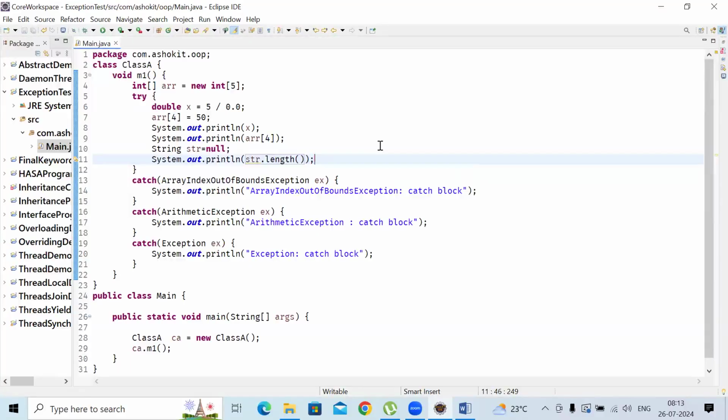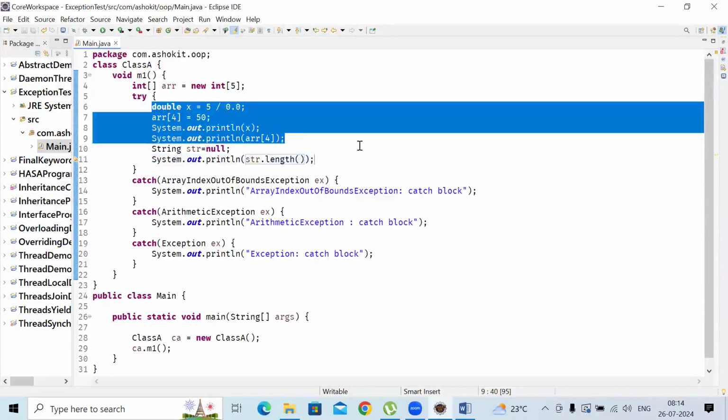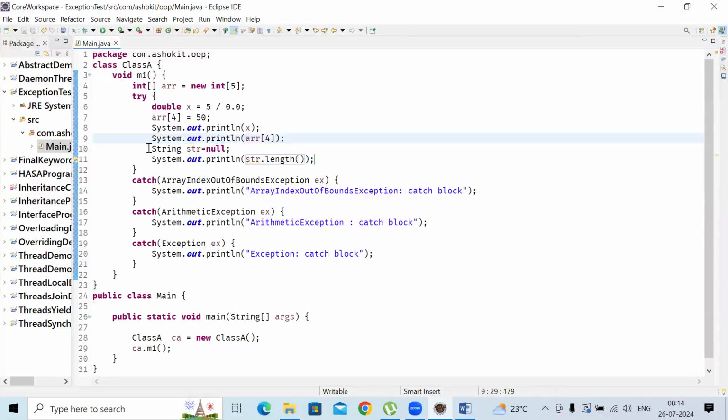Tell me how many lines of code are there in the try block. The try block has 6 lines of code. In the first 4 lines of the try block, do you find any exception? No. Line number 10, do you have any exception?